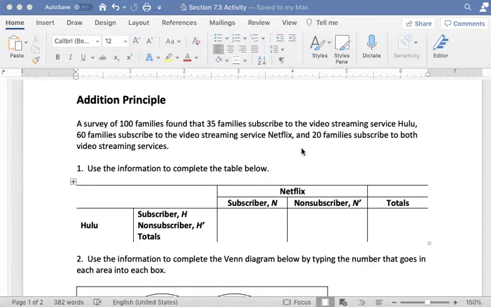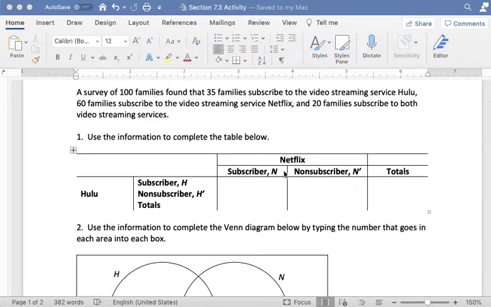So I'm going to start with the last part given in the problem, that 20 families subscribe to both video streaming services. If I look at my table, I have Netflix going across the top, and then I have Hulu going up and down here, whether they're a subscriber, a non-subscriber, and then the total.